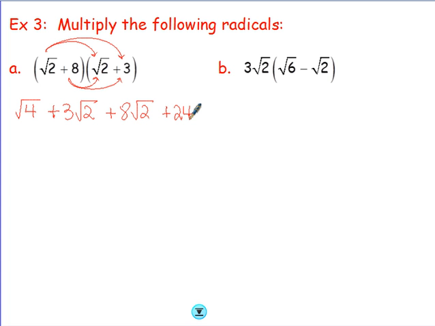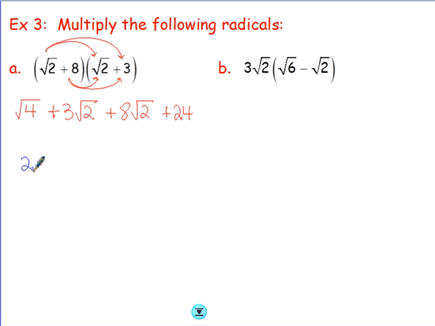So now we're going to look at simplifying some of these radicals. Let's start with radical 4, because it's a nice easy one. If you are going through these problems and you know you have a perfect square, which in this case 4 is a perfect square, you don't have to make a factor tree. If you know what the square root of 4 is, you could just write that answer down. And hopefully we all know that the square root of 4 is 2.